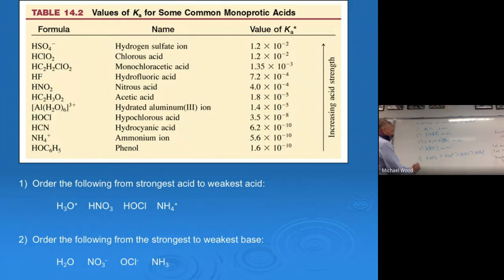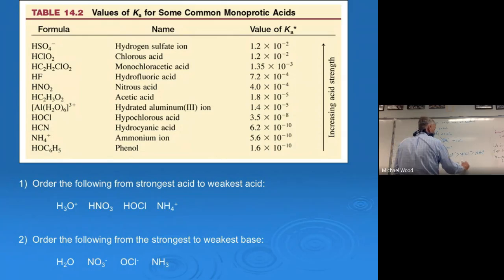And then number two is kind of the opposite. Remember, the conjugate base of a weaker acid is a stronger conjugate base. So everything here is going to be the opposite. Going from the strongest to the weakest, NH3, because it's the conjugate base of a weak acid, is a stronger conjugate base. The same thing with hypochlorite, that would be the next.